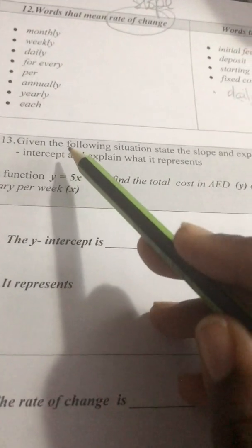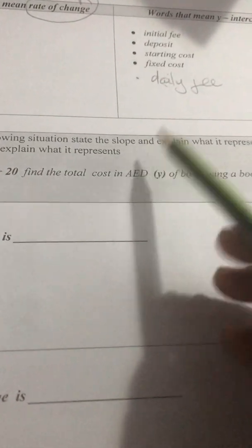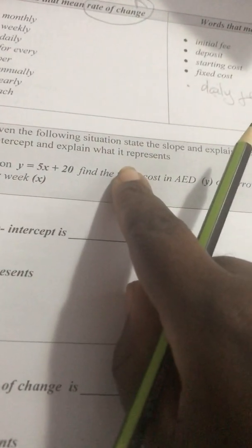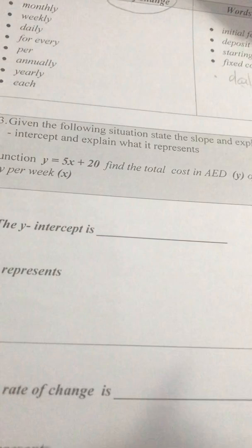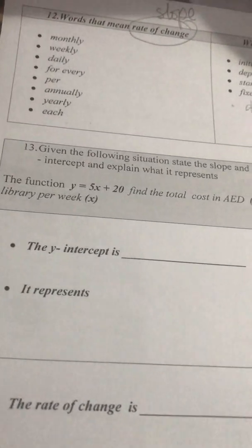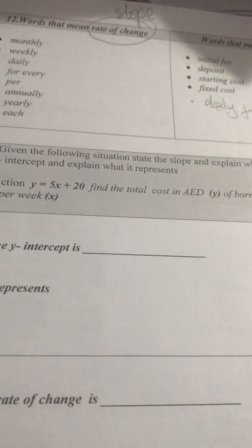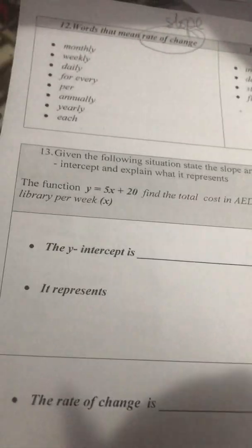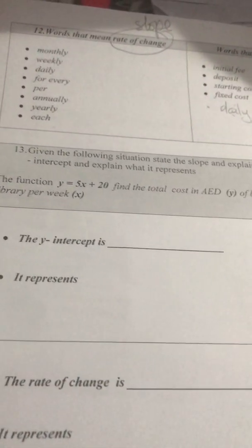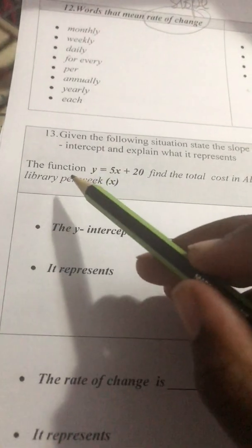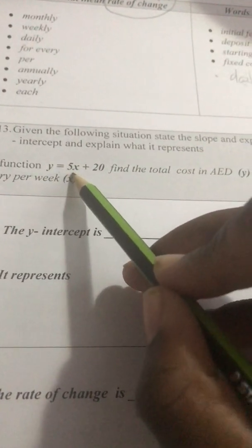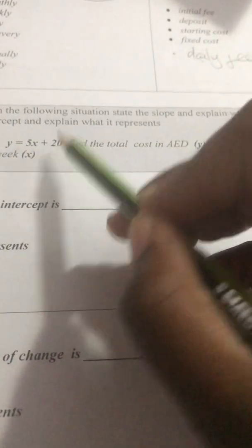Now let's read this. Given the following situation, state the slope, explain what it represents. State the y-intercept and explain what it represents. You'll be given a story, you will read it, you will determine what is the slope and what is the y-intercept. You will say what it means. The function y equals 5x plus 20.